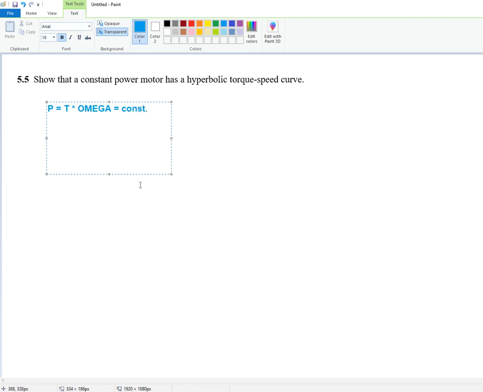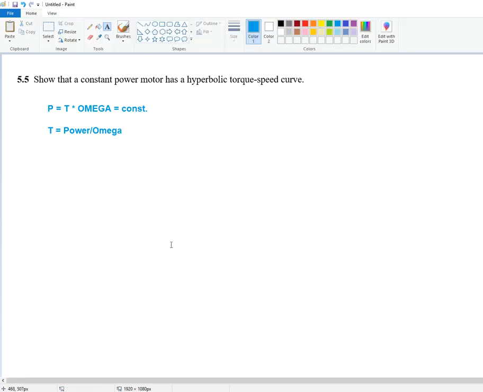All right. And I could say from here now that torque equals power over omega. So power is a constant, and it goes of the form 1 over omega.